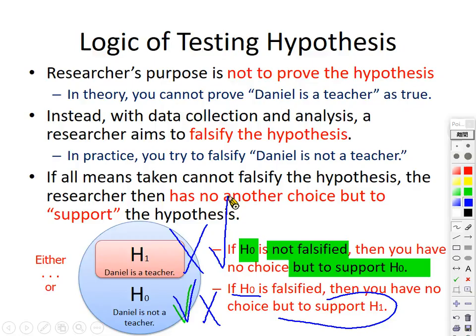So we can only use one time of data collection and analysis to try to falsify, to decide whether we reject or accept the null hypothesis, so that in return we can determine whether to reject or accept the research hypothesis. That's it. Very simple. Okay, read for yourself and think about that.